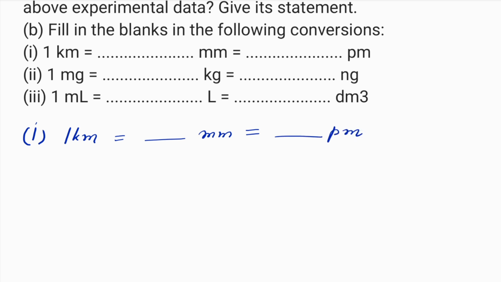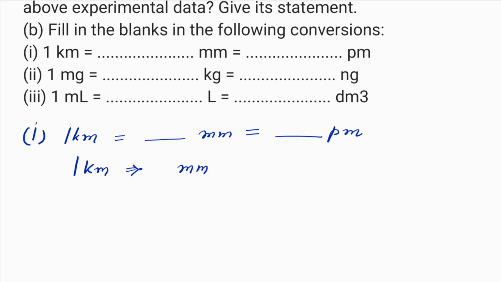Let's first convert 1 kilometer into millimeter. We should know the relation between kilometer and millimeter. There is no direct relationship between them, so we have to convert first 1 kilometer to meter, then meter to centimeter, and then centimeter to millimeter.